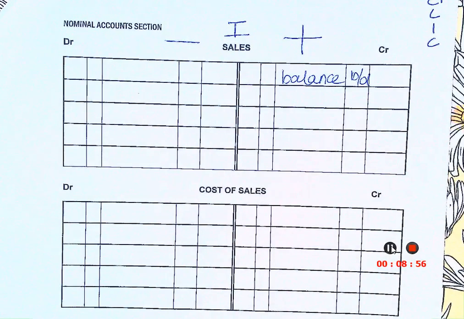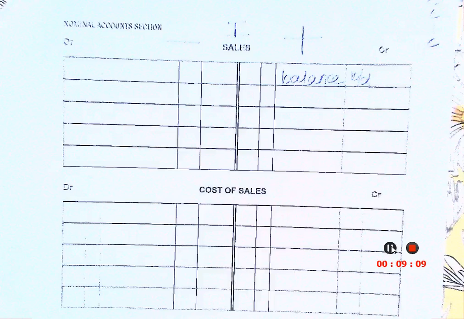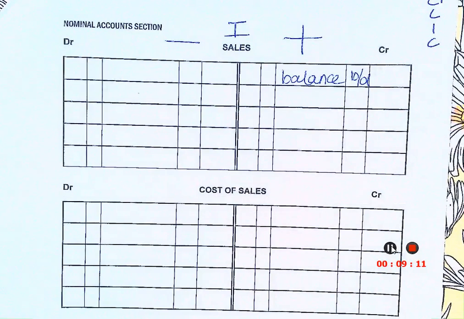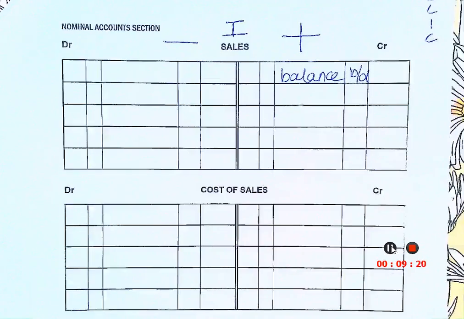Cash or credit? Cash. Remember, credit card sales is cash because that person who pays with the credit card doesn't owe me, they owe the bank. The money is directly transferred into my business account. Okay, so I've got two ways that I sell goods, cash and credit.